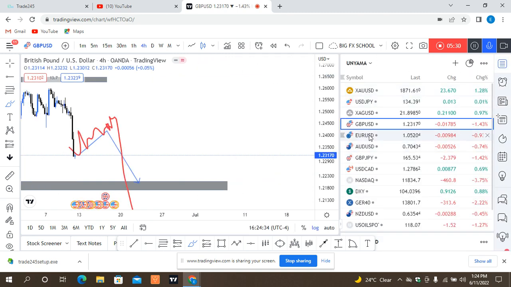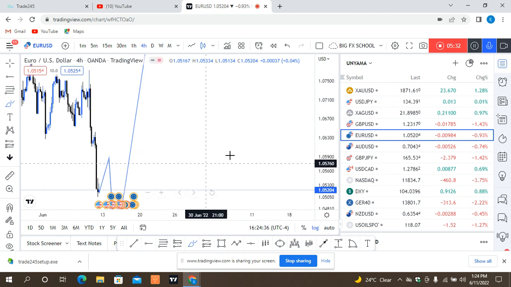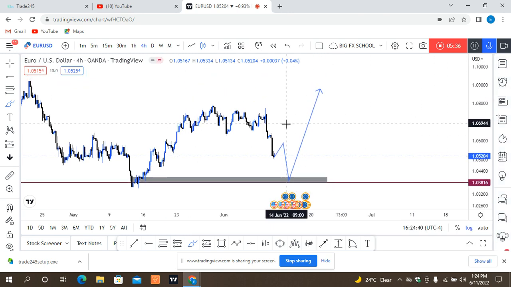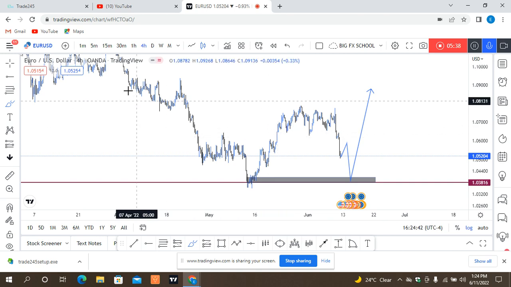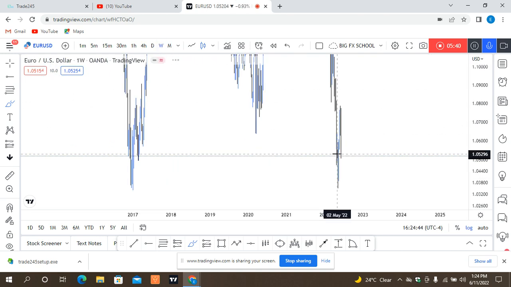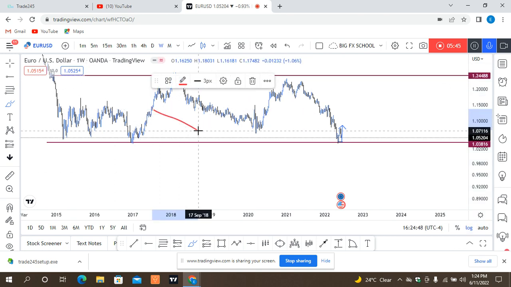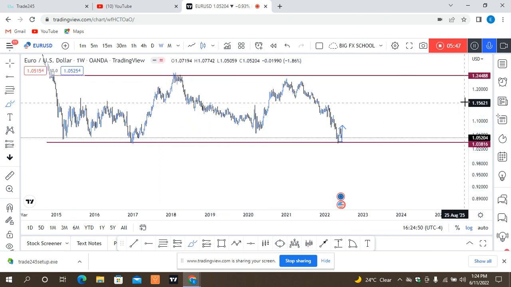Another forecast is here on Euro USD. As you can see in the bigger time frame, the trend started there to the upside.